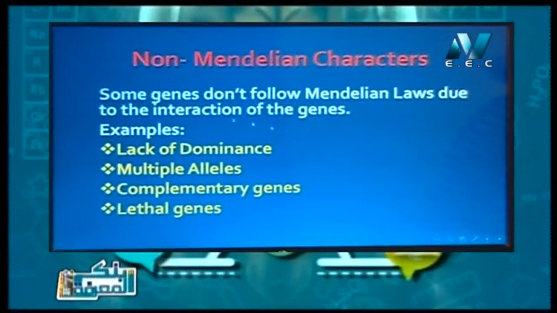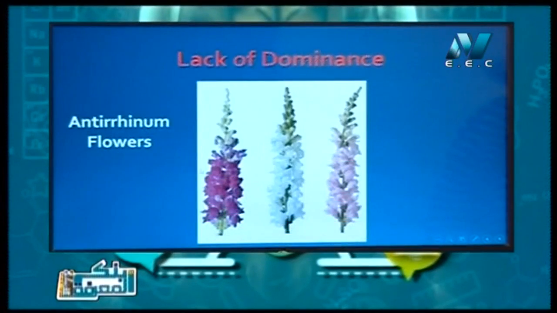But non-Mendelian cases, we are going to study lack of dominance, multiple alleles, complementary genes, and lethal genes. Let's start with one of them, the lack of dominance. The lack of dominance means the character is controlled by one pair of genes, but no one of them dominates over the other one.